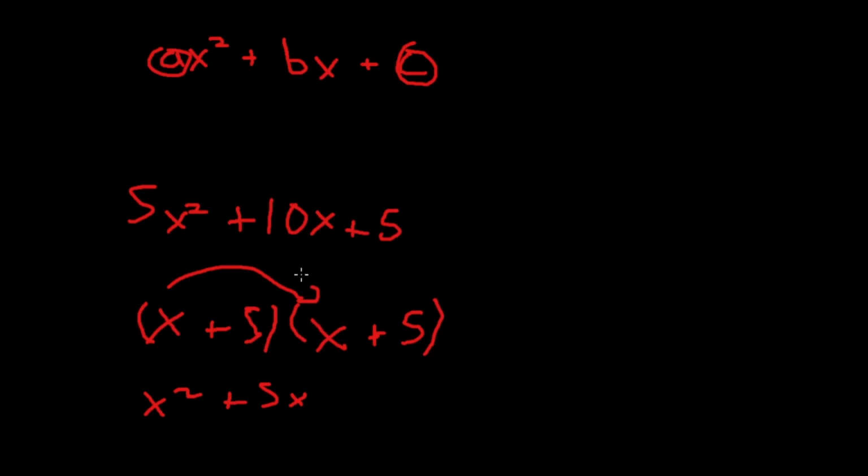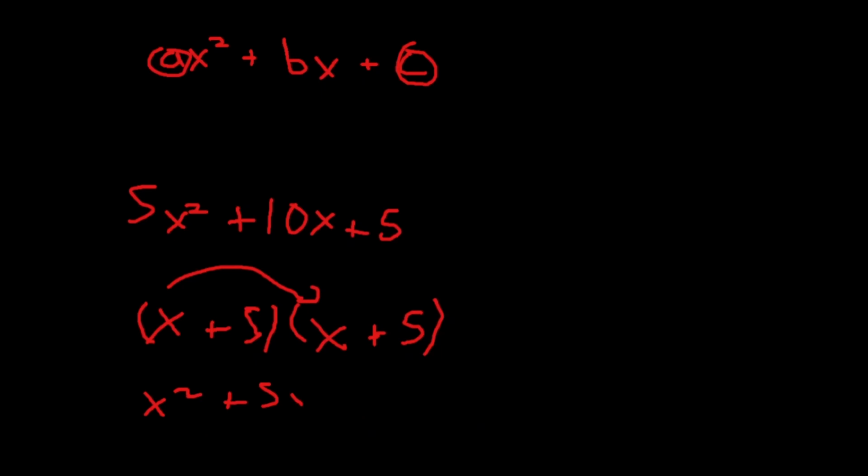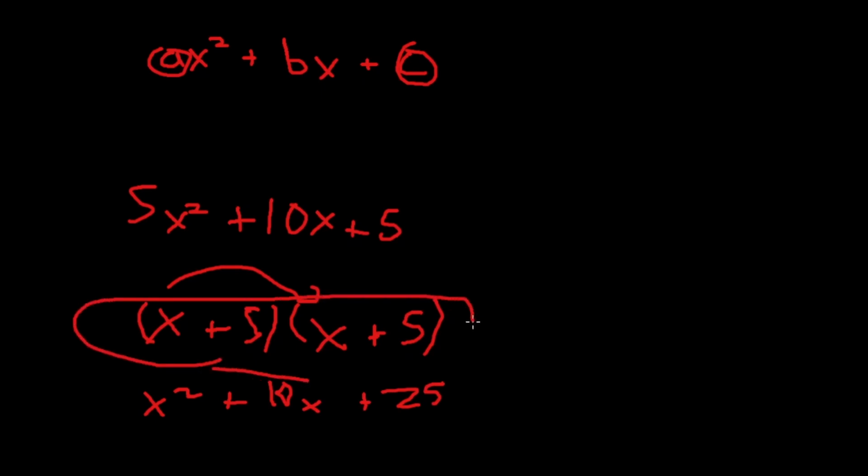Then we have 5 times x, plus 5x. And then 5 times 5, which is 25. Hold up, I erased one 5x. So it is actually 2 plus 5x's, which becomes 10x, and then plus 25. So yeah, this is incorrect.